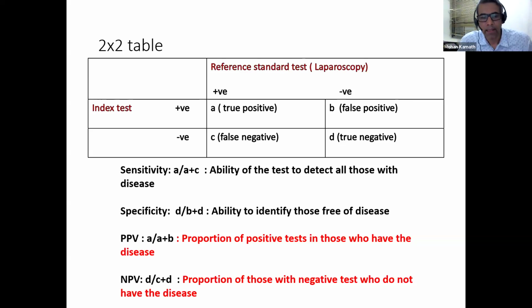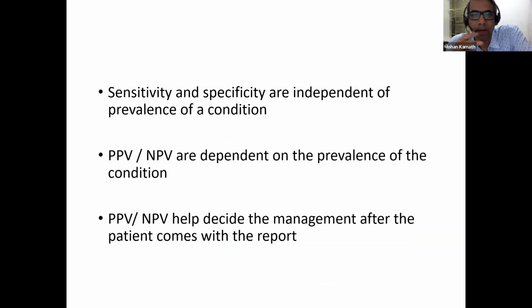But when you move to PPV and NPV, the concept is the test is done. Now you're not really thinking about sensitivity and specificity. You are sitting with the report, and if it's positive or negative, you need the information of PPV, because now you need to tell the patient, listen, you have a positive test, but what is your actual chance of having the condition that we have tested you for? That's something very important and fundamental.